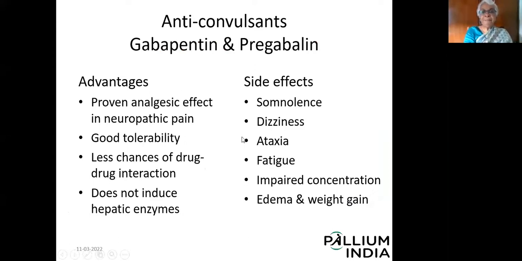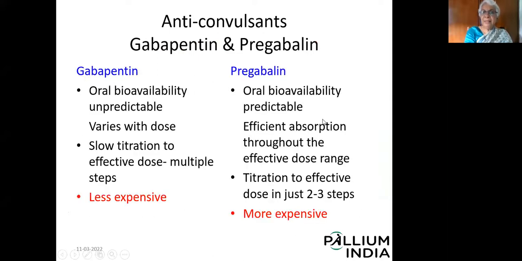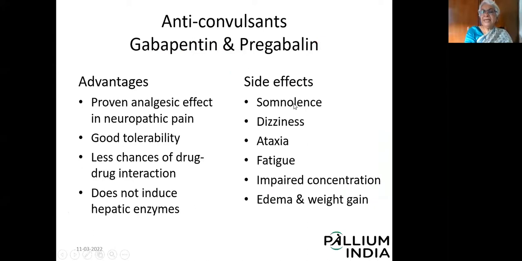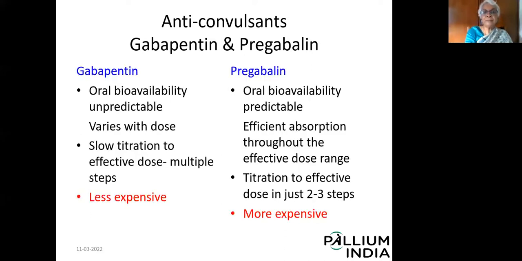So gabapentin and pregabalin have proven analgesic effects in neuropathic pain and are tolerated very well, but they have some side effects like excessive drowsiness, dizziness, ataxia, and all this have to be explained to the patient. Please tell them that you have to watch out for it. And for that, we basically start in low doses and go upwards.